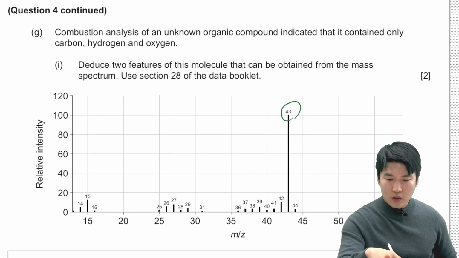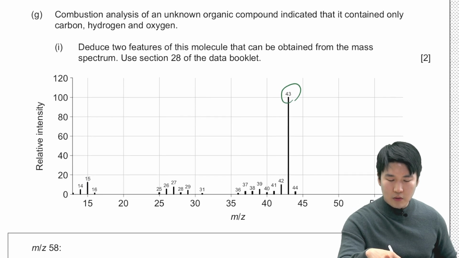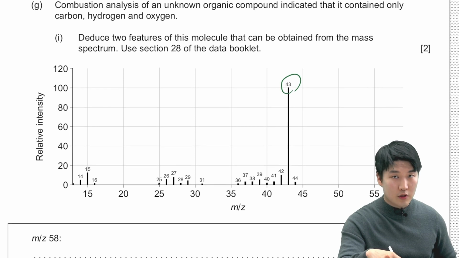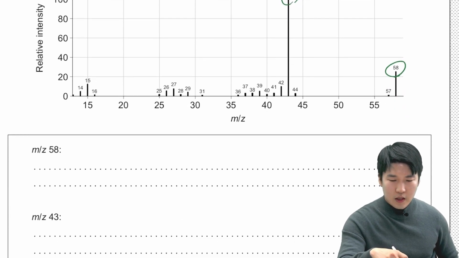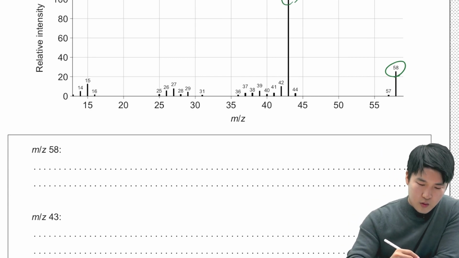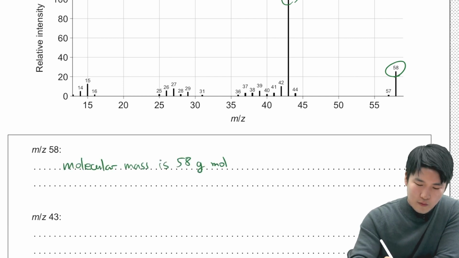Well, we do know that the compound in the question is a hydrocarbon with oxygen, CHO, and the molecular mass of our compound is 58 grams per mole.